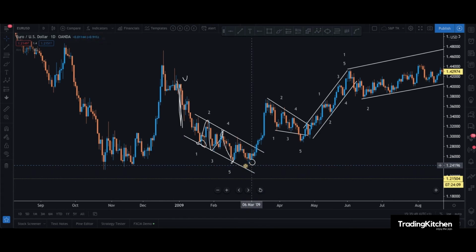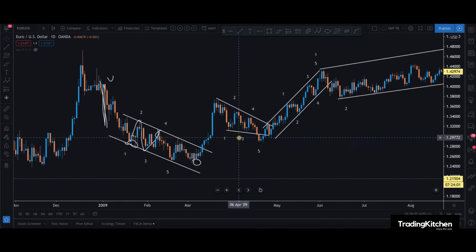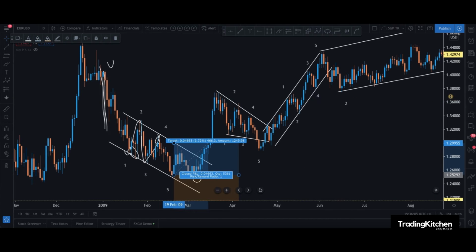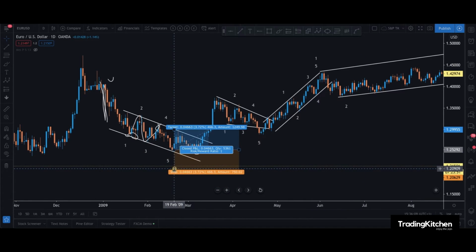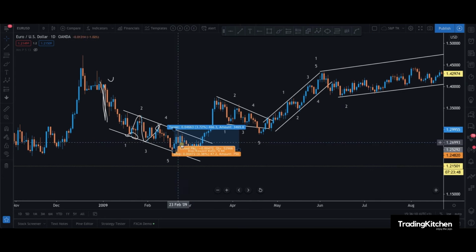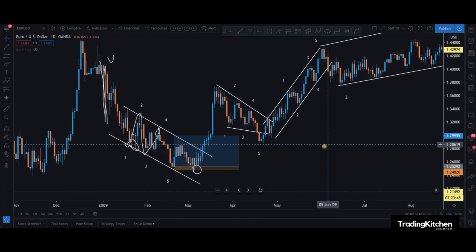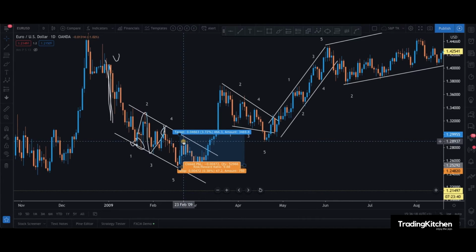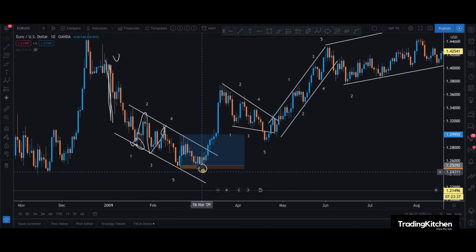This is manipulation. If you see this example, institutionals know that you open your long here and you put a stop loss here, and so price retests and then goes up, hitting your stop loss.